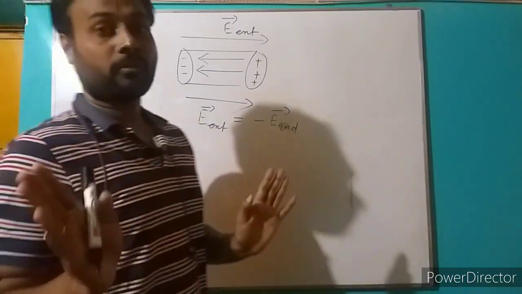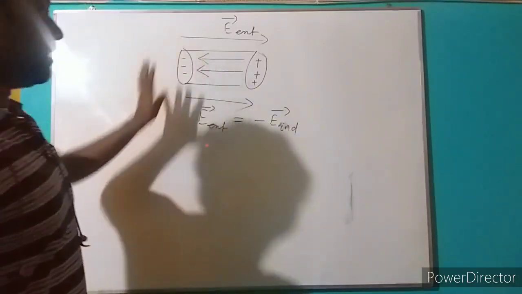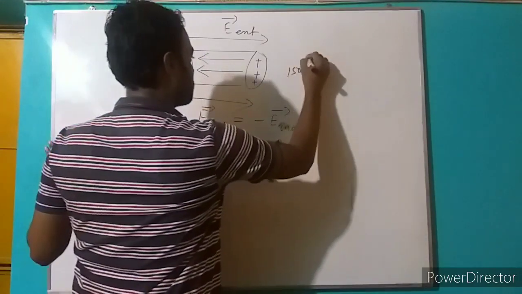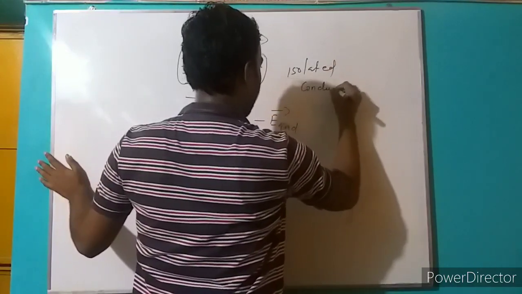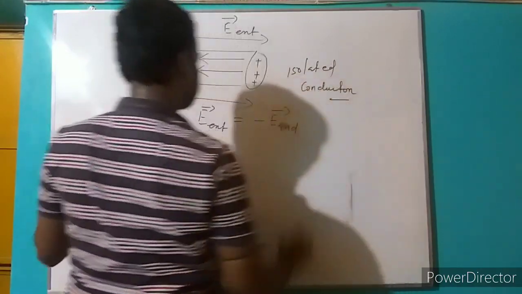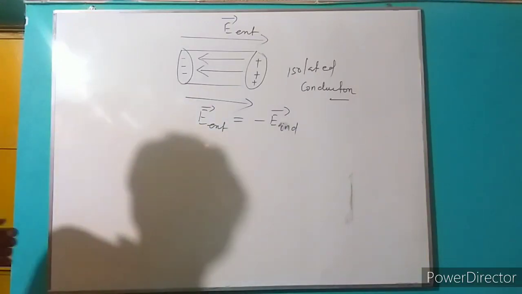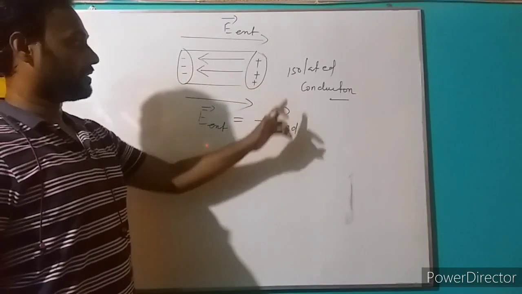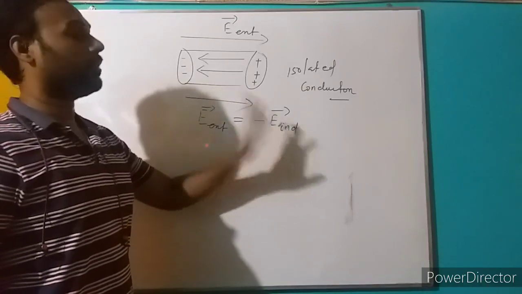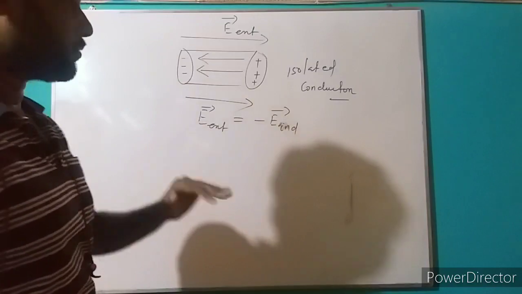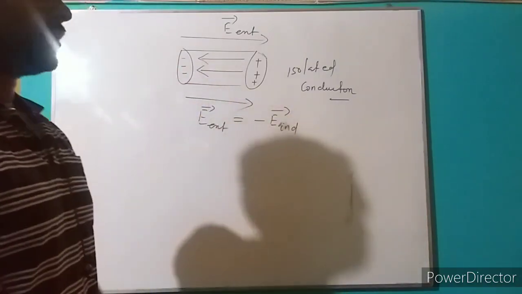Otherwise, it could not be zero. So this is all about the isolated conductor. If the conductor is isolated, then the external electric field equals the negative of the induced electric field. That's why the total electric field inside the conductor becomes zero.